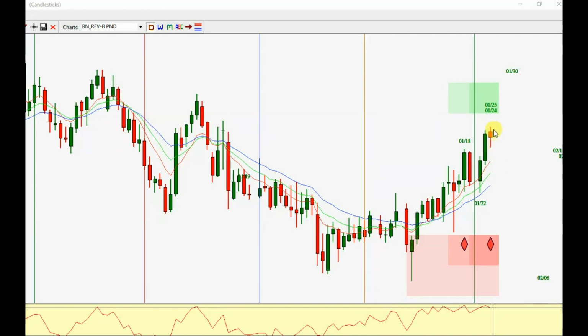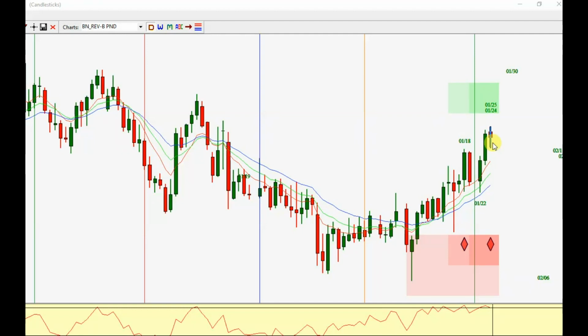Now, today was a negative day. That's this red bar you see right here for today, January 24th. And today and tomorrow, technically, you can see it says 125, 124 right here. This F date is for 124, and this is telling me that we should see some kind of reversal.